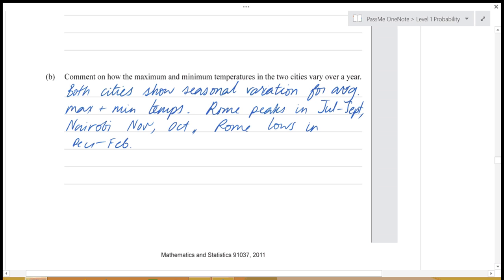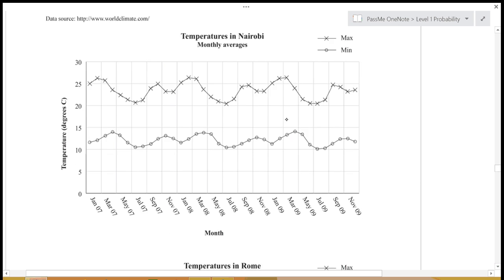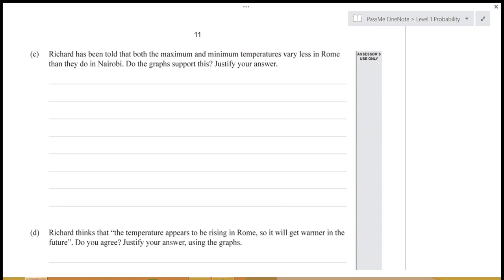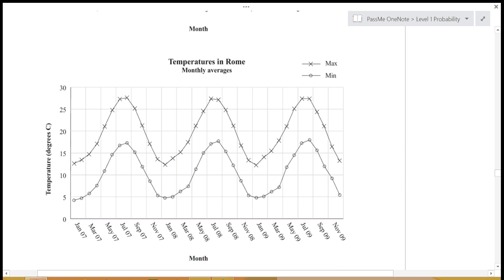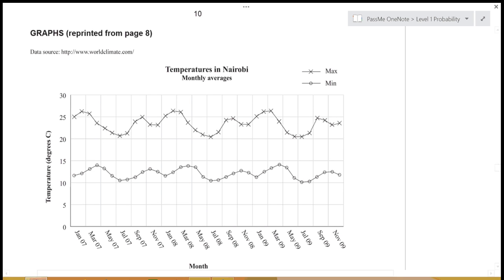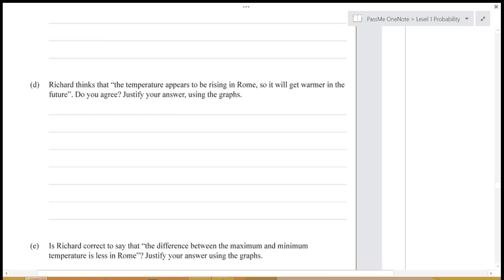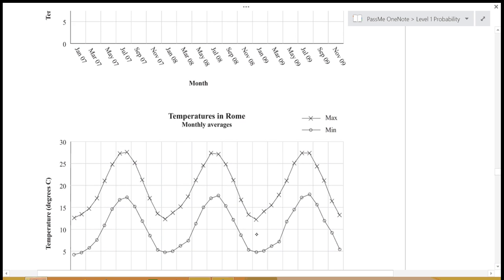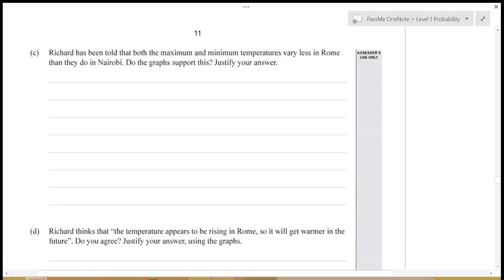Okay, alright, going on to our next set of questions. So question C, Richard has been told that both maximum and minimum temperatures vary less in Rome than they do in Nairobi. Do the graphs justify this? Well, looking back at our graphs, a lot of variation in Rome, not so much variation in Nairobi, and we're seeing a lot of variation in both the maximums and minimums in Rome.